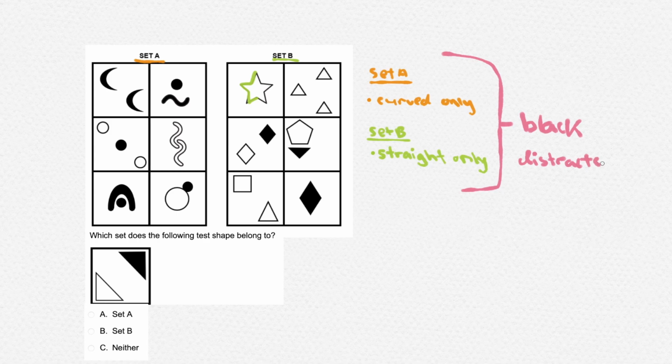That means we do not have to pay attention to any rules involving color. So looking back at the test shape, we know that the two shapes have straight only sides. That must mean that it cannot be set A, but it must be set B. Therefore, your final answer will be set B.